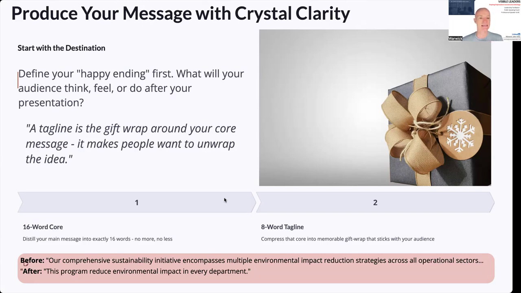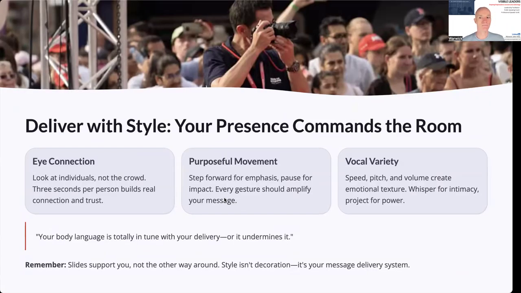Arrows down, X's, reductions, big picture, small picture, before and after. There's many different visuals that you can use. Think of infographics, for example, to convey that message. But ultimately, it's the message first and then the visual. So reduce environmental impact in every department, pair a message with that.